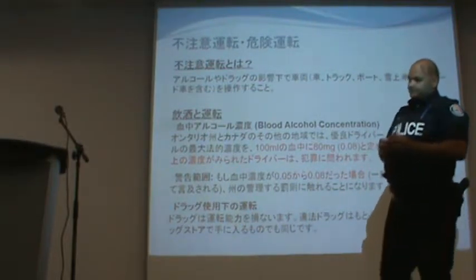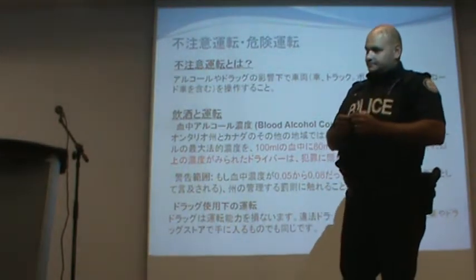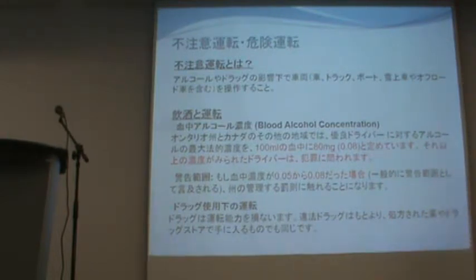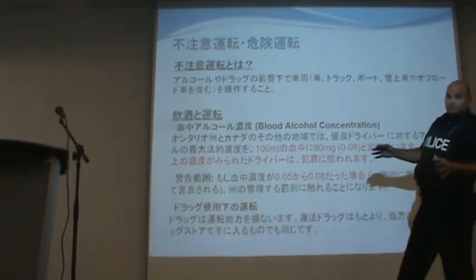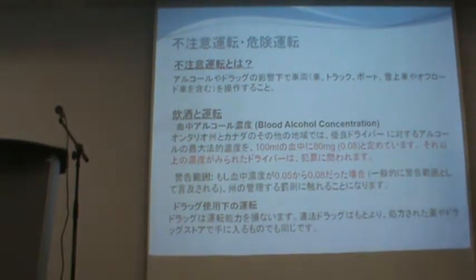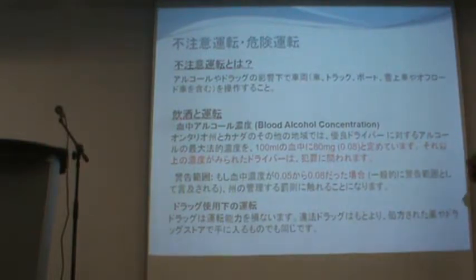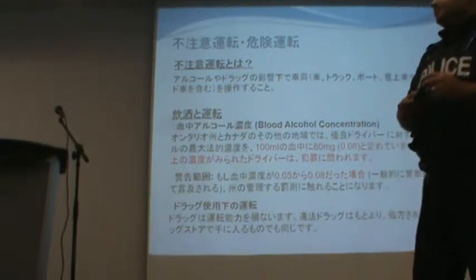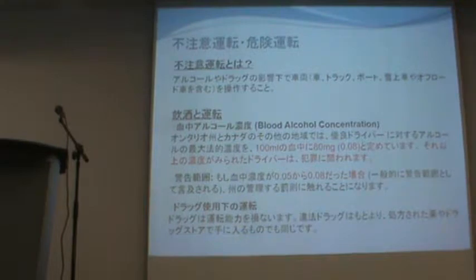The provincial limit is anywhere from 0.05 to 0.08. So either 50 or up to 80 milligrams is a provincial limit, which is an automatic roadside suspension of the license.